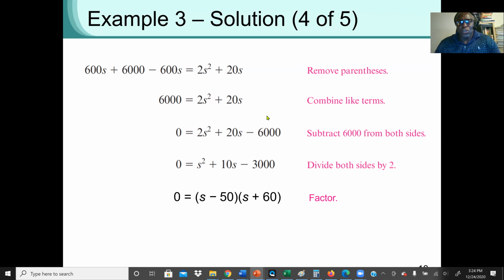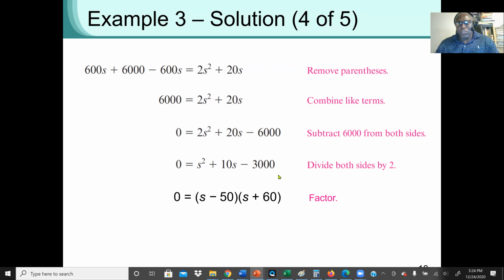We bring everything to the right side. We get 2S squared plus 20S minus 6,000. We divide the whole equation by 2, so we get S squared. 20 divided by 2 gives me 10S. 6,000 divided by 2 gives me 3,000.